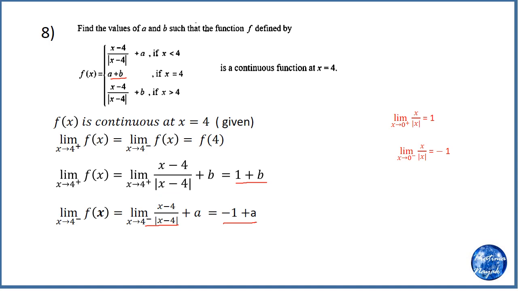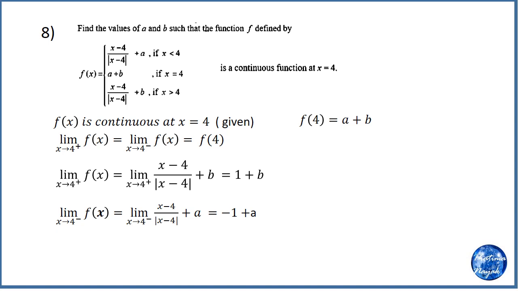Now for left hand limit, if you recall again, limit x tends to 0, x by mod x is equal to minus 1. So x minus 4 upon modulus x minus 4 will be minus 1 plus a. All three are equal to each other. For f of 4 it is a plus b, for right hand limit it is 1 plus b, and for left hand limit it is minus 1 plus a.